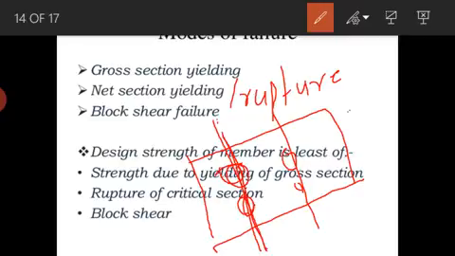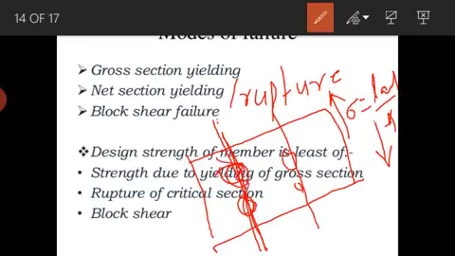As we know, stress is equal to load by area. As the area reduces, the stress increases. So at this particular section, as the area reduces because of the holes present, the stress concentration also increases. Because of the higher stress concentration, there is a rupture at this section.